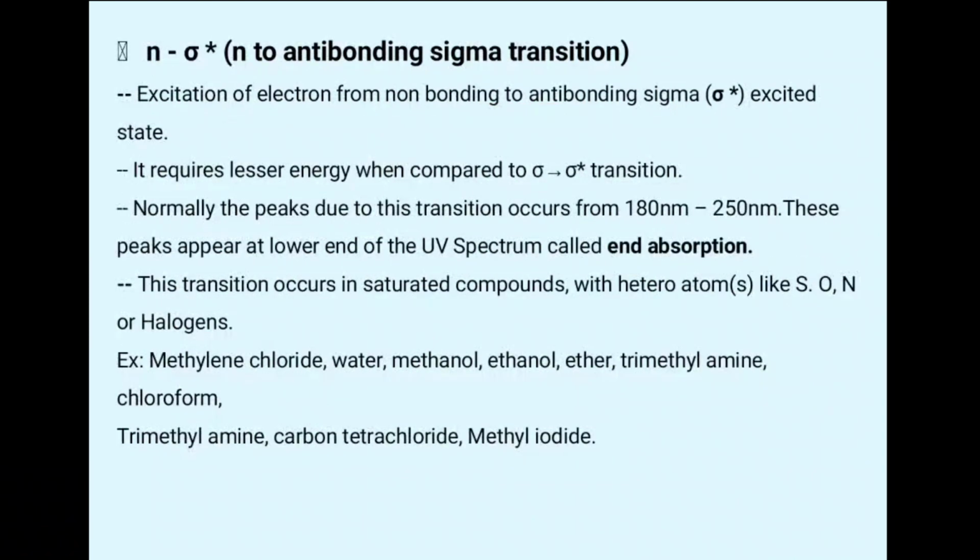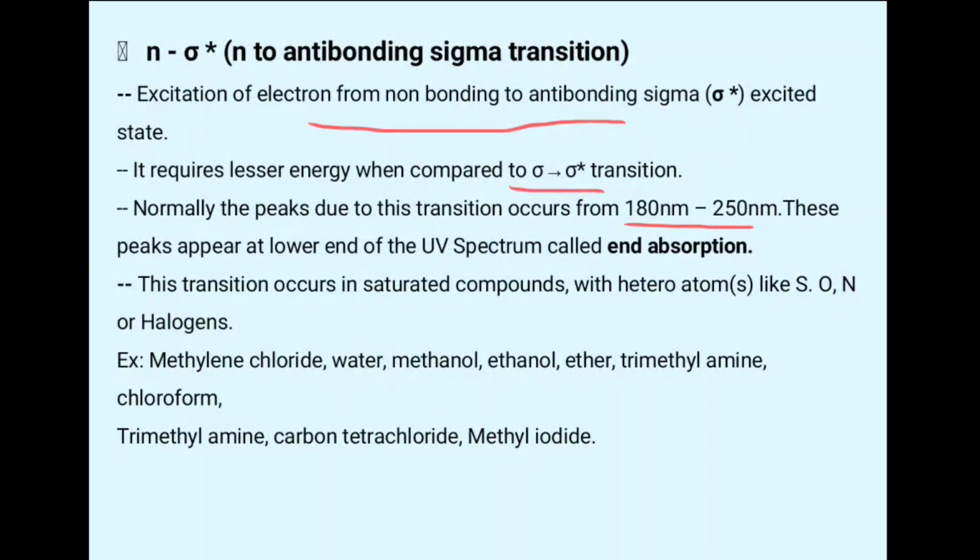N to antibonding sigma transition. In this transition, excitation of electron from non-bonding to anti-bonding sigma excited state. It requires lesser energy when compared to sigma to anti-bonding sigma transition. Normally, the peaks due to this transition occur from 180 to 250 nanometers.